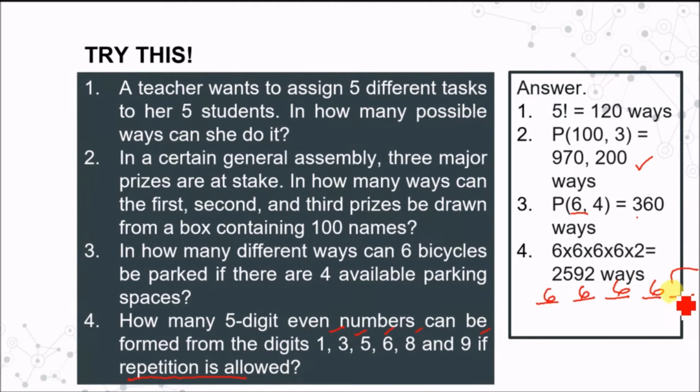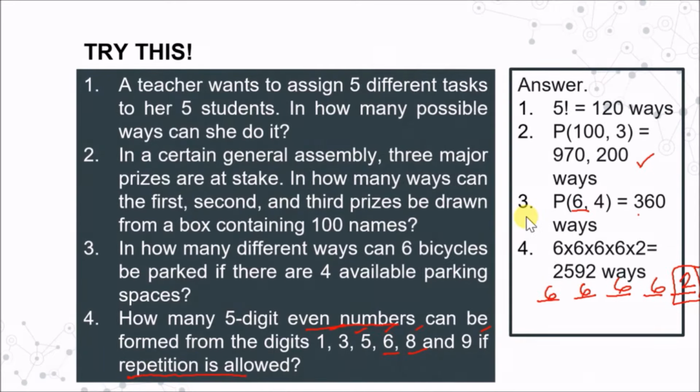But for the last part, it's a different scenario. Since we want even numbers, we only have to select the last digit as an even number. The even numbers among the digits are 6 and 8, so you will be using 2 for the last place of our 5-digit number. Multiplying everything, you will arrive at 2,592 ways. So that ends our lesson for today.